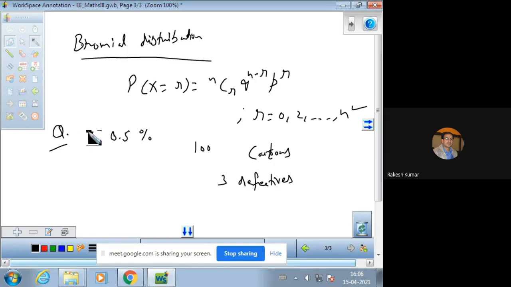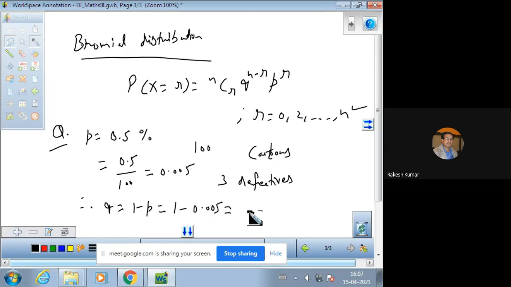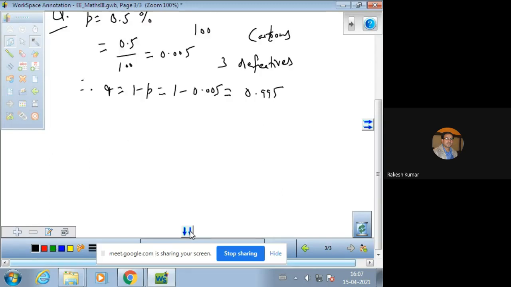Let us take p as the probability of defectiveness. This is 0.5%. For removing the percentage sign, this is 0.005. This is the probability of defectiveness, and the probability of non-defectiveness q is 1 minus p, so 1 minus 0.005 is 0.995.